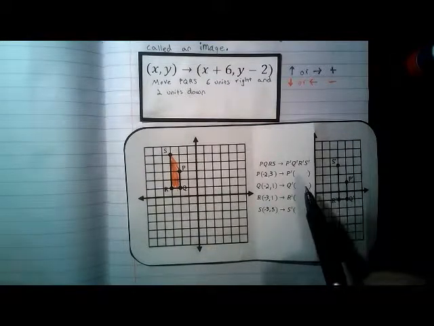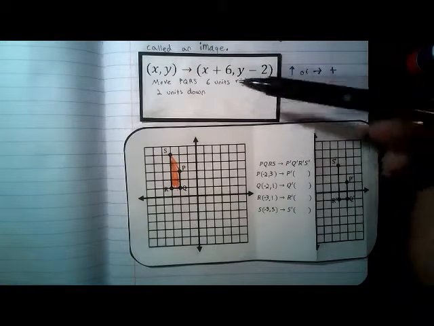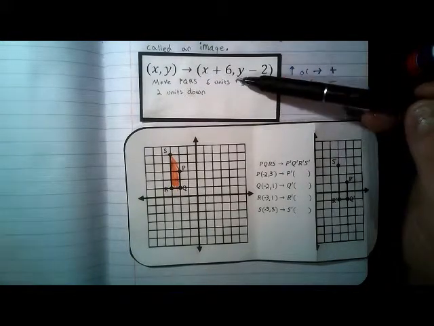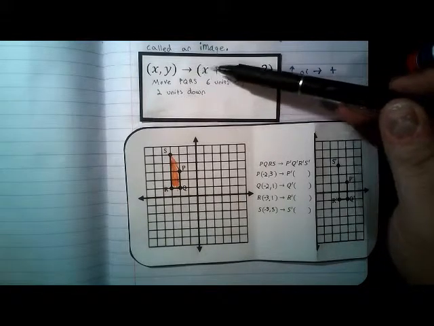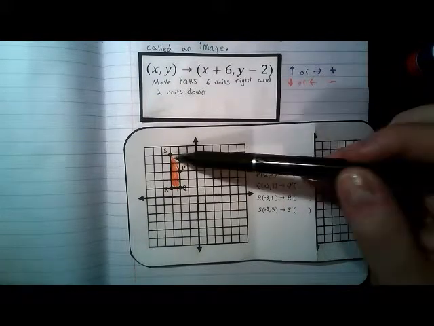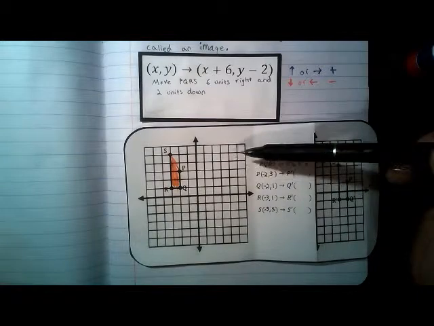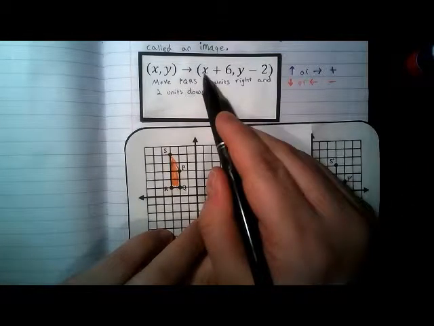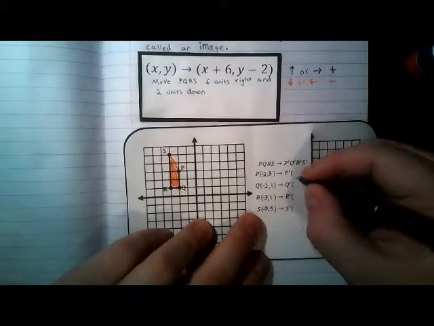We're going to first do it with the coordinates. So we're asked to move PQRS 6 units to the right, which is x plus 6. We're adding 6 to the x value. So -2 plus 6 would give me 4.